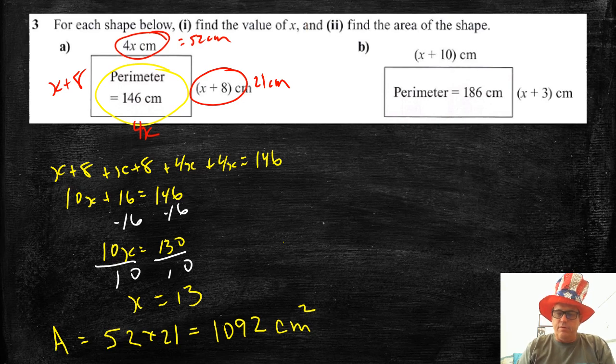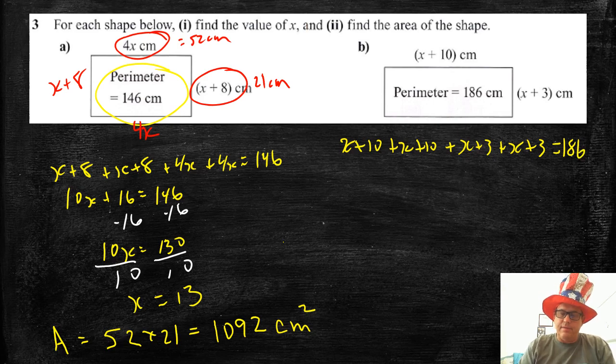Okay, I'll run through the next one pretty quickly. Again, same thing. You need to set up. In order to find x, we need an equation. And if they tell us the perimeter, we can set up an equation for the perimeter. So it's going to be x plus 10 plus x plus 10 plus x plus 3 plus x plus 3, that equals 186.